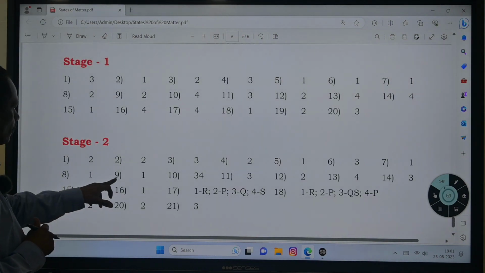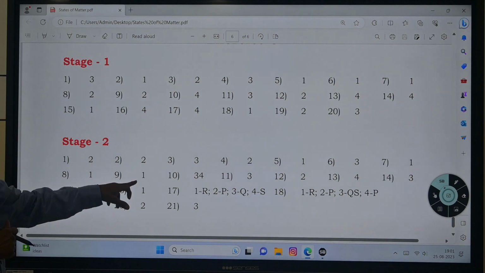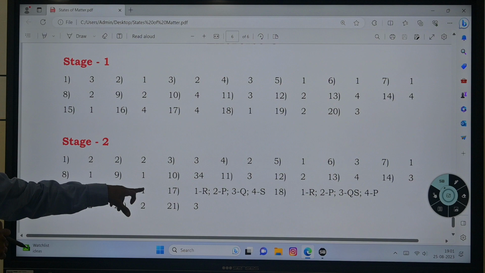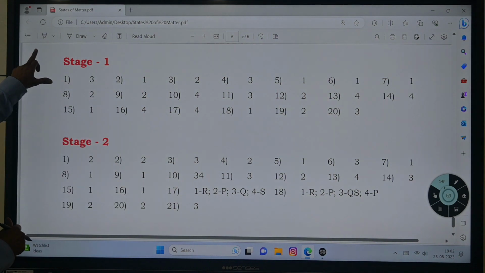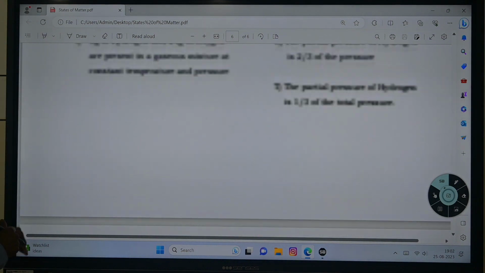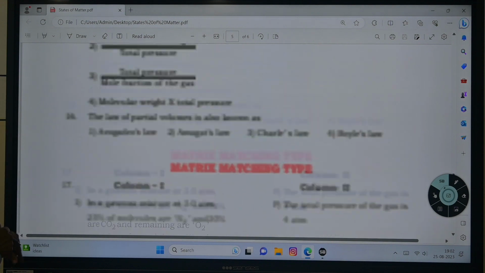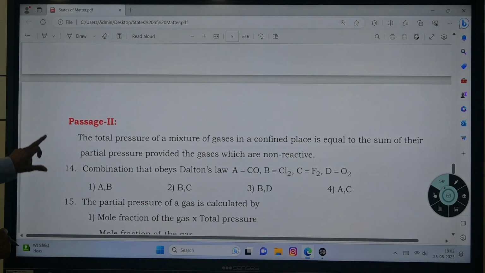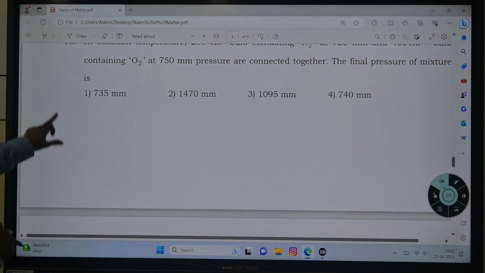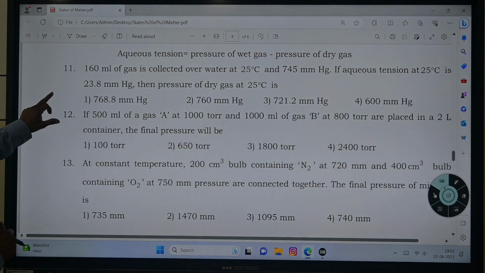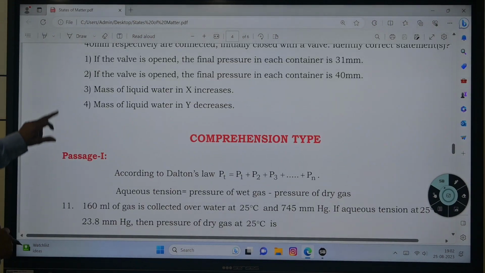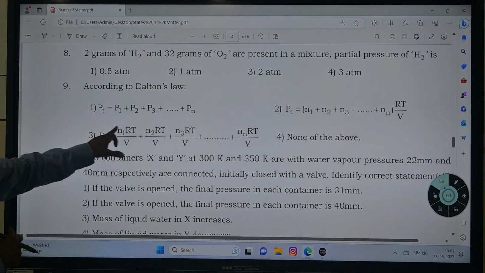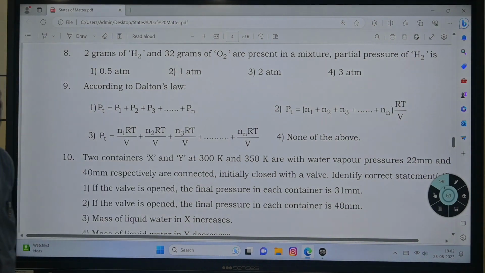Answer is given as 1. But not only the 1, all these 3 are correct.